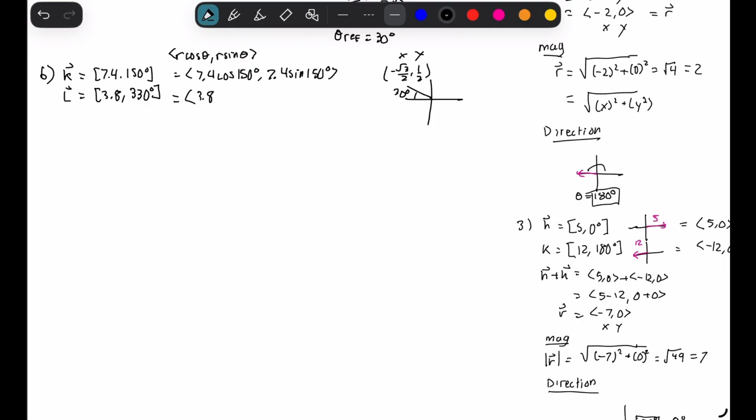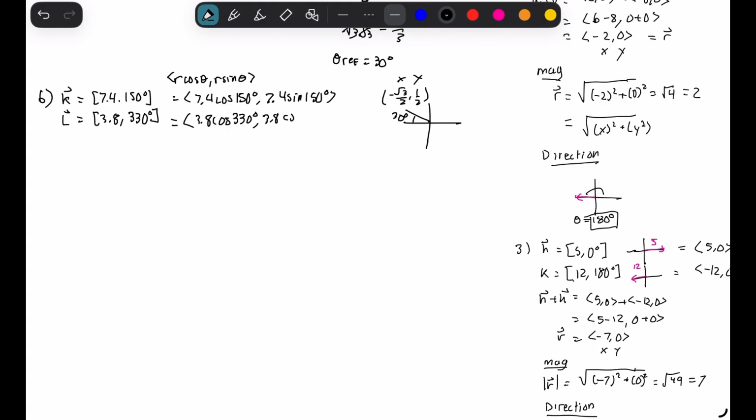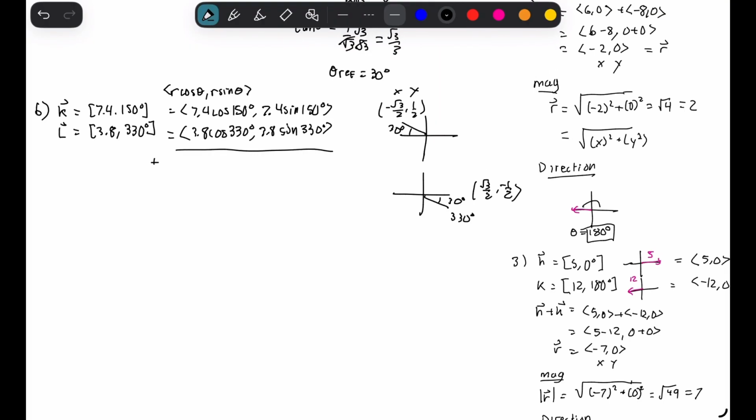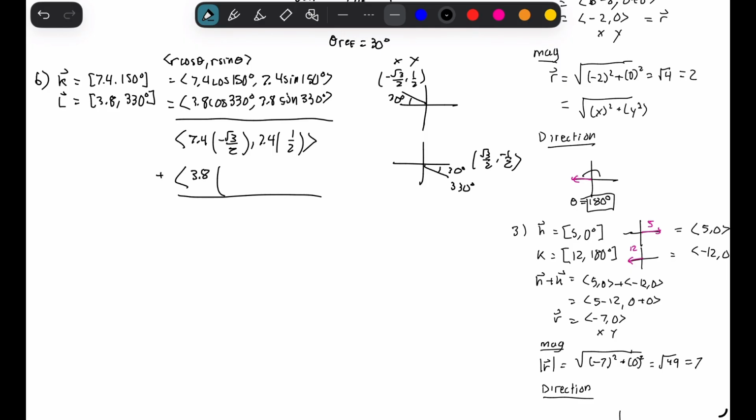Now, you have 3.8 cosine, and this is root 3 over 2.